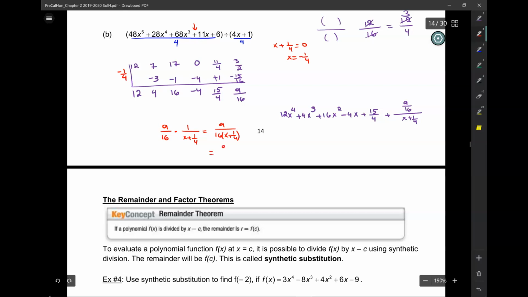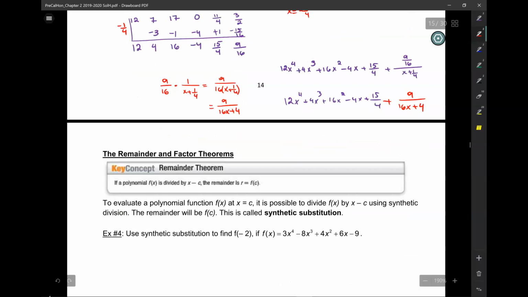You distribute, so it's 9 over 16x plus 4. So really the answer is all of that business, plus 9 over 16x plus 4. Will it make a difference points-wise on your quiz and test? Of course it will.